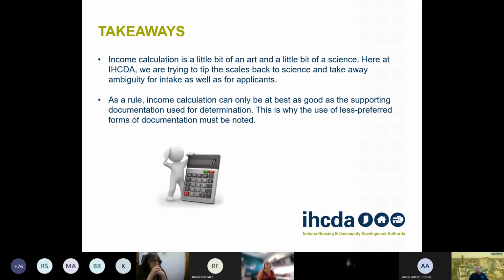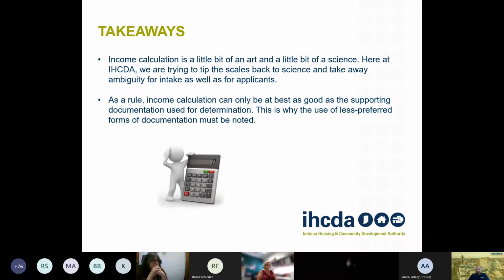So income calculation is a little bit of an art and a little bit of a science. But what we're trying to do right now is tip the scales back ever so slightly towards science and take away that ambiguity. We believe that removing as much of that ambiguity as possible will be beneficial for intake as well as for applicants.